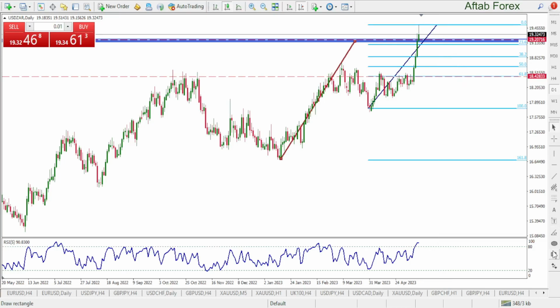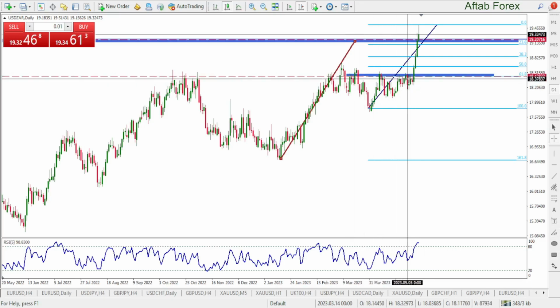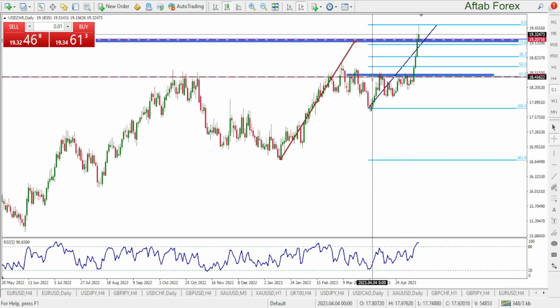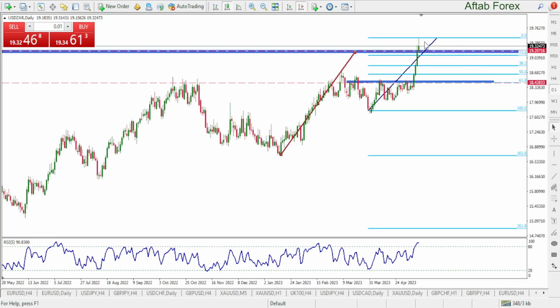Why? We have got a major break of structure at this point. See, major. This, if it goes straight up, then obviously this will be a role reversal. But since I have no further data, I'm not sure if it's going to continue up or not.